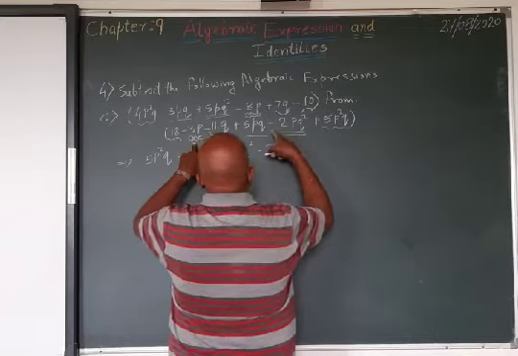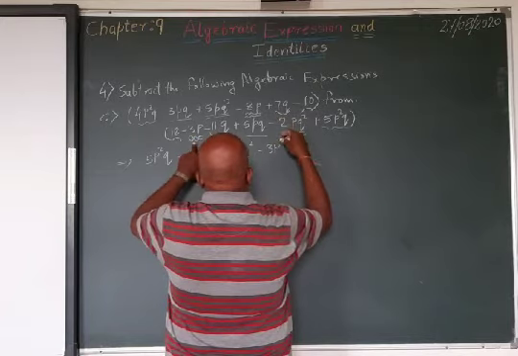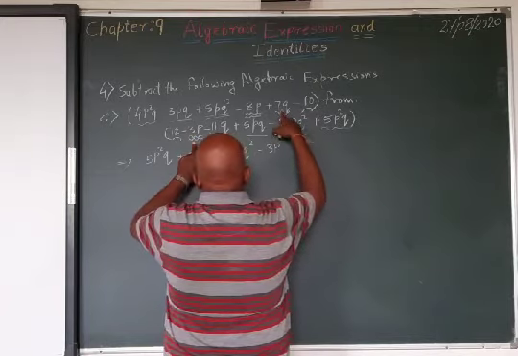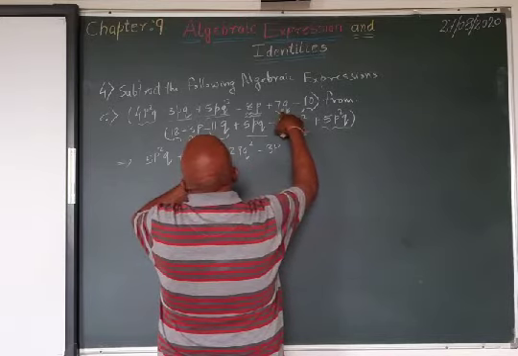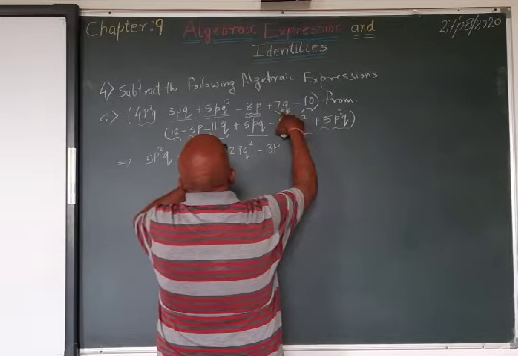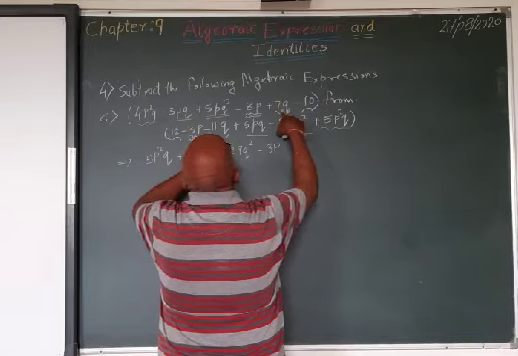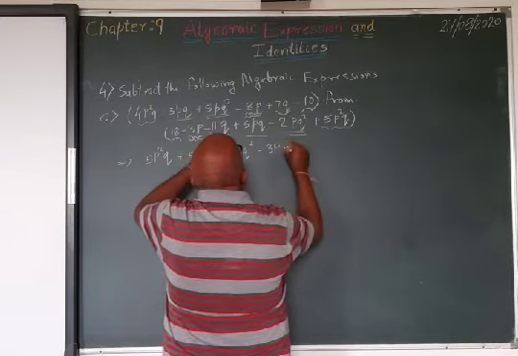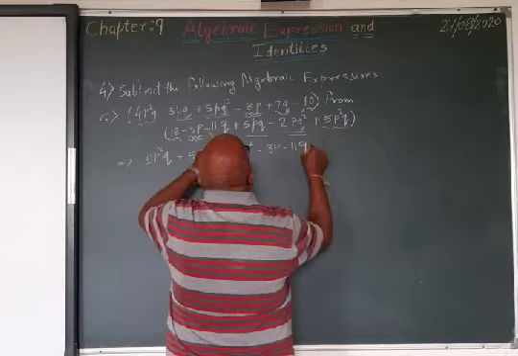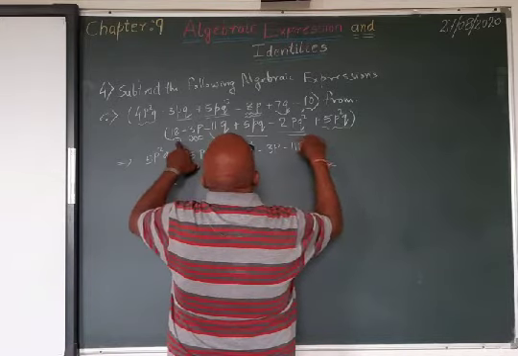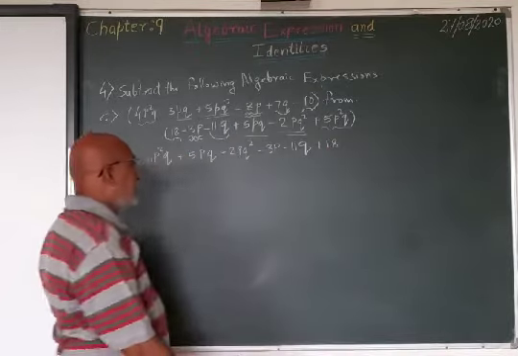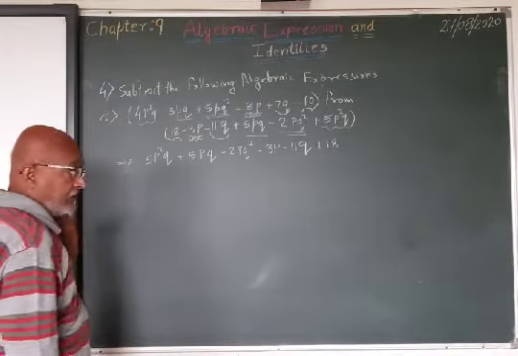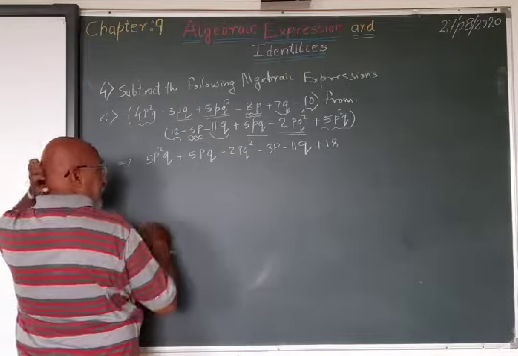Then plus 7q. Yes, 7q. Here it is minus 11q. And the last one will be the constant, plus 18.